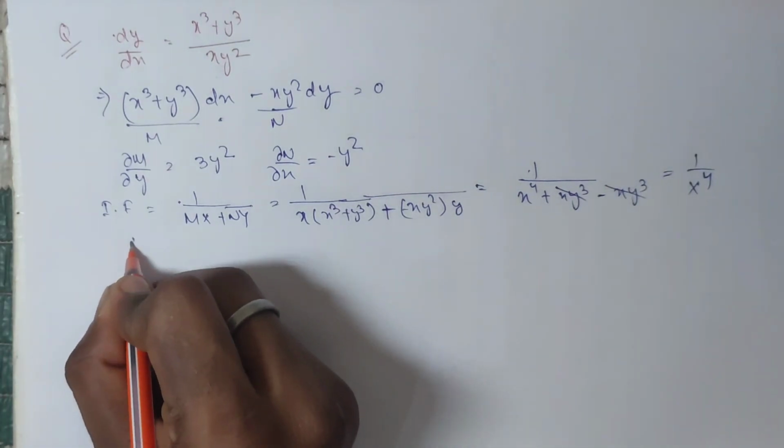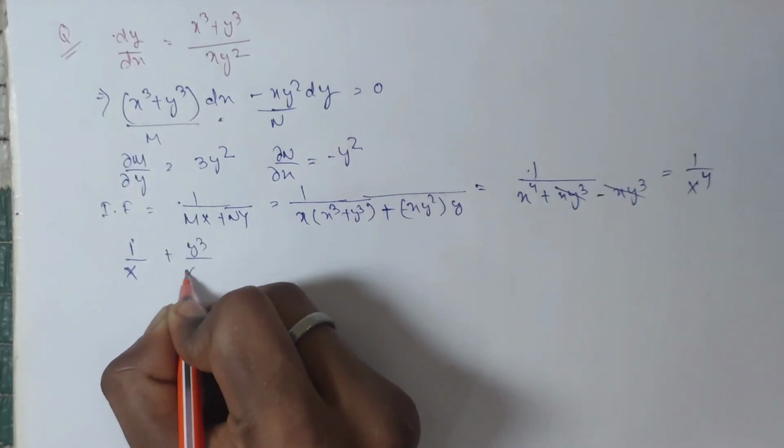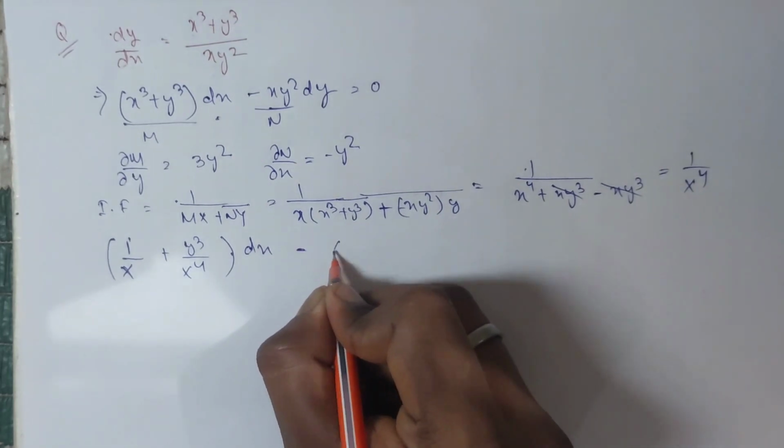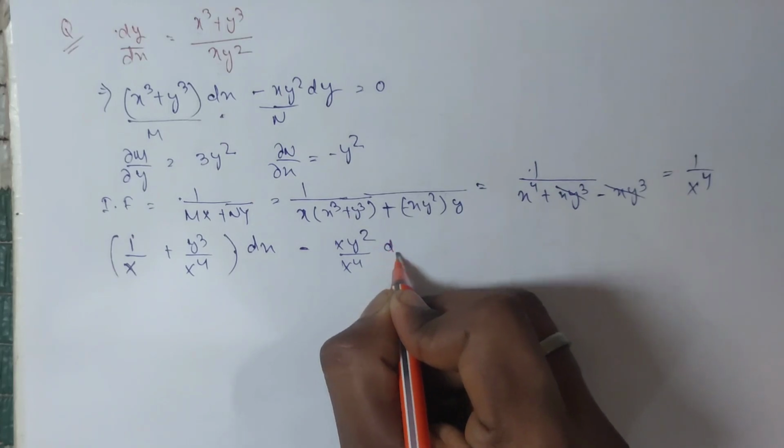Now multiply 1 by x fourth into this equation to convert it into exact differential equation form. Then it becomes (1 by x plus y cube by x fourth) dx minus (x y square by x fourth) dy.